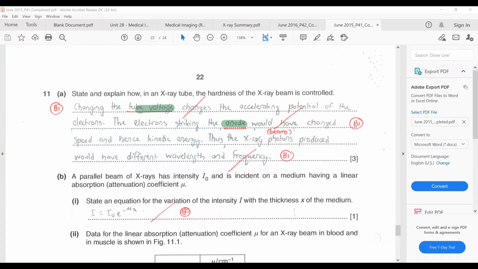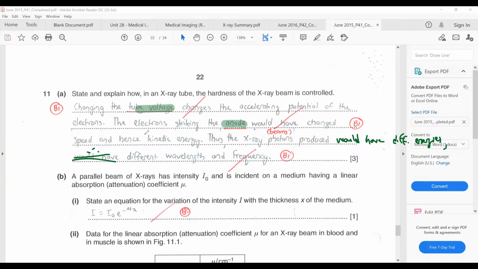Thus the X-ray photons produced would have different energies, therefore different wavelength and frequency. If you write this one, I think it will read much better.